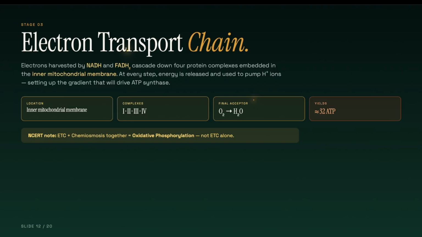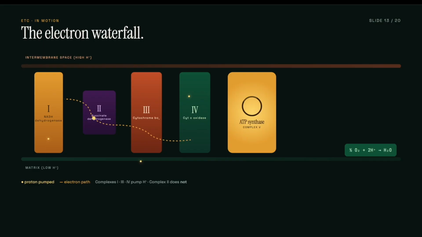As electrons flow through complexes 1, 3 and 4, hydrogen ions are pumped across the membrane. This creates a concentration gradient. Watch the electron waterfall animation. See how electrons flow from complex to complex, dropping in energy at each step.